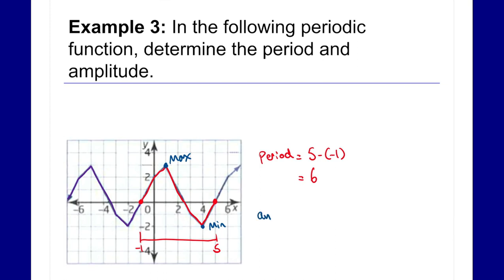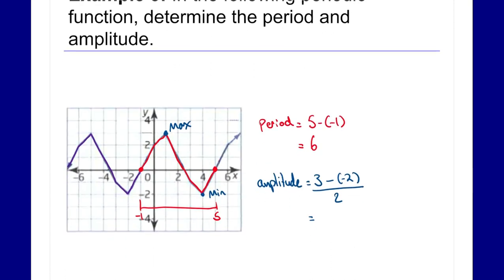So my amplitude is going to equal the maximum, which is 3, minus the minimum, which is -2, divided by 2, because it's half the distance from the max to the min. So we have 5 divided by 2, or 2.5. So my amplitude for this function is 2.5.